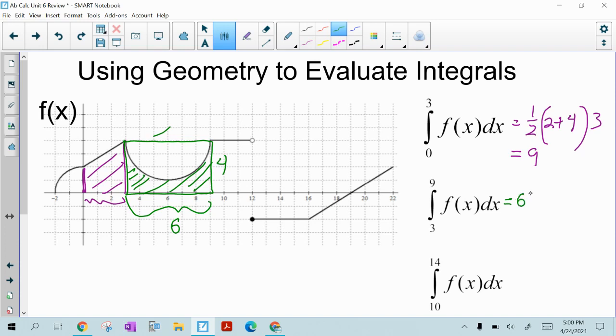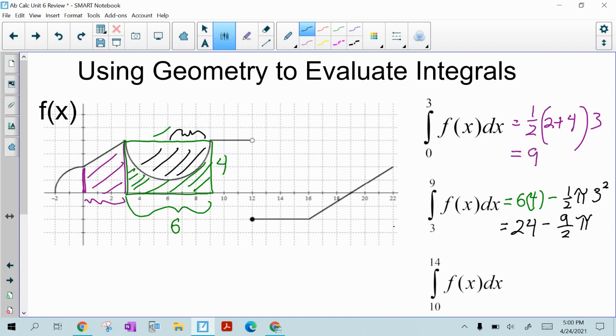So I'm going to say 6 times 4, but I need to cut out this area in here. Now this circle has a radius of 3, so it's going to be 1/2 pi times the radius, which is 3 squared. And so I end up with a final expression of 24 minus 9/2 pi. Okay. Hopefully that all went fairly quickly and easily.